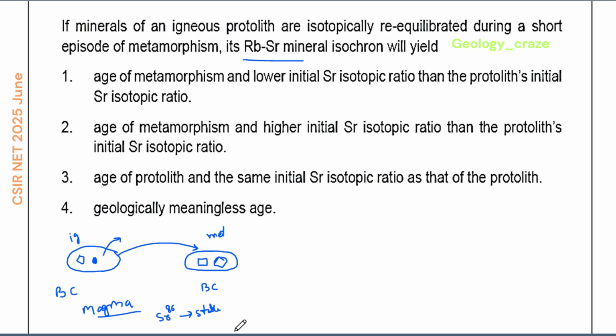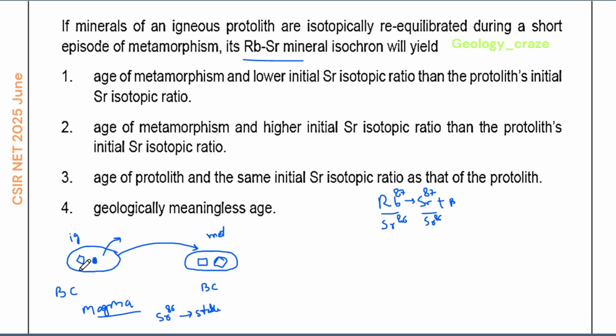It is not getting changed. That's why in Rb-Sr, which is beta decay of Rb-87, we use this Sr-86, sorry, to calculate our values with respect to Sr-87.